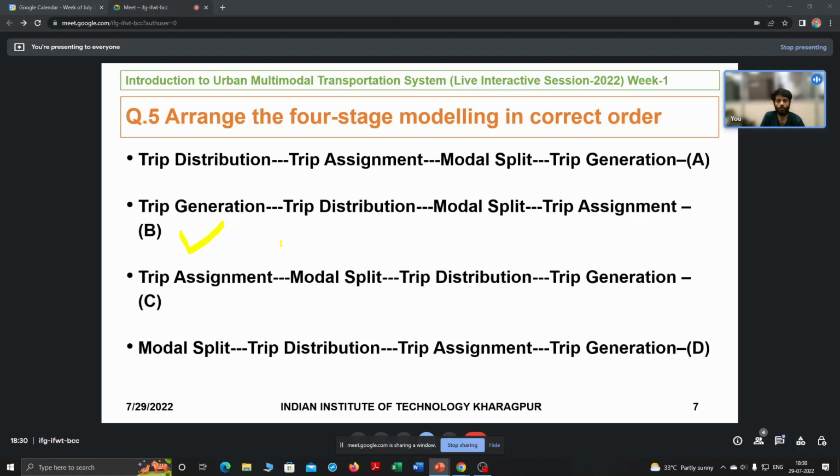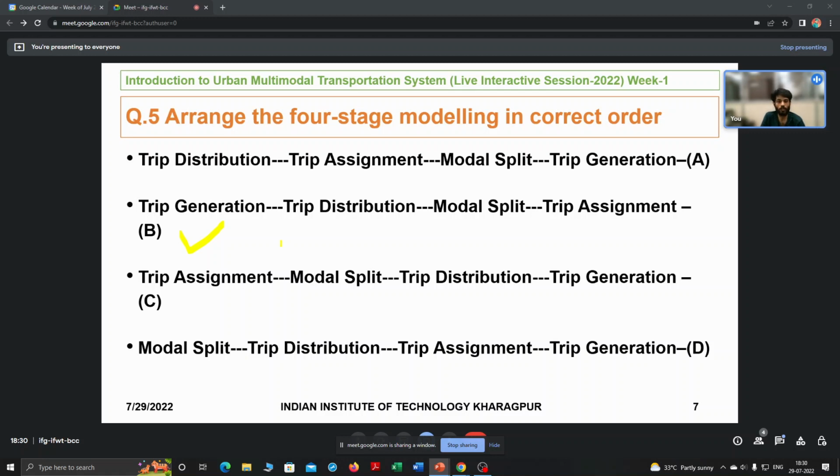Then the third step: now you know the trips are generated and where they are going, now you need to know which mode to choose, right? It will depend on many factors, like utility. Suppose we know the number of trips occurring from A to B and A to C. Now we need to know which modes are available.